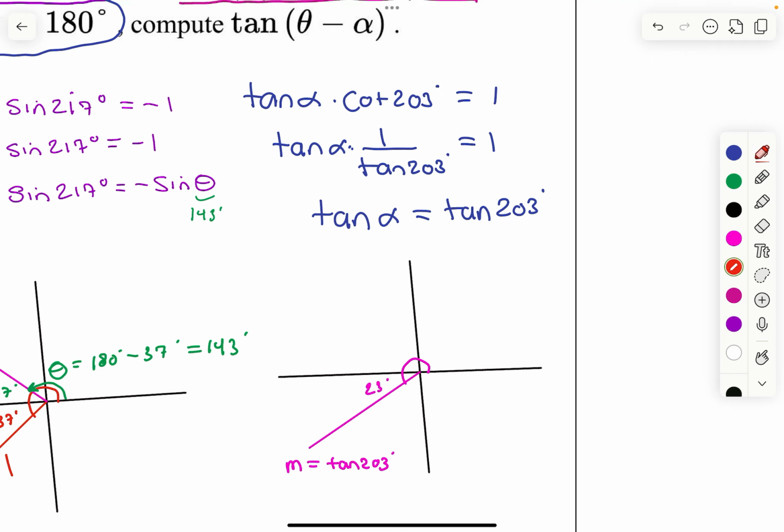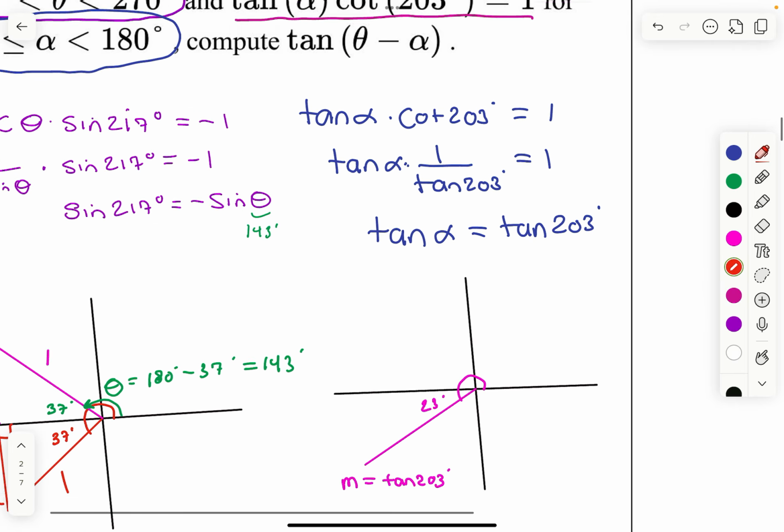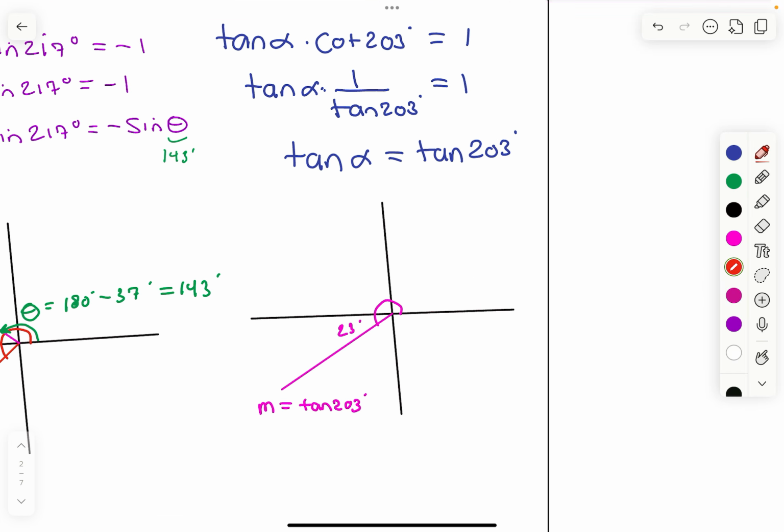But the angle in between 0 and 180 that would have the same tangent, if you just extend this line, would have to be 23 degrees. And so alpha must be 23 degrees. These have the same slope, they have the same tangents. So now I know that alpha is 23 degrees.